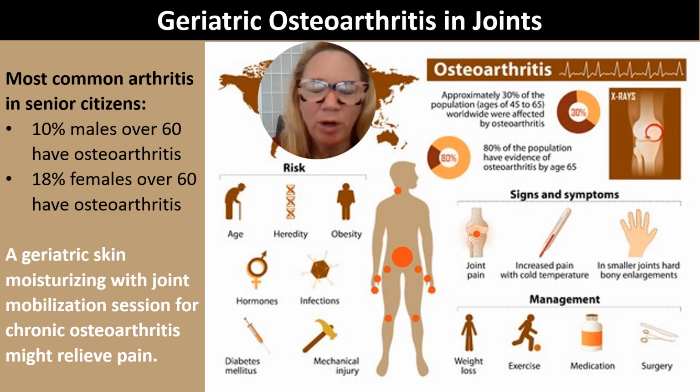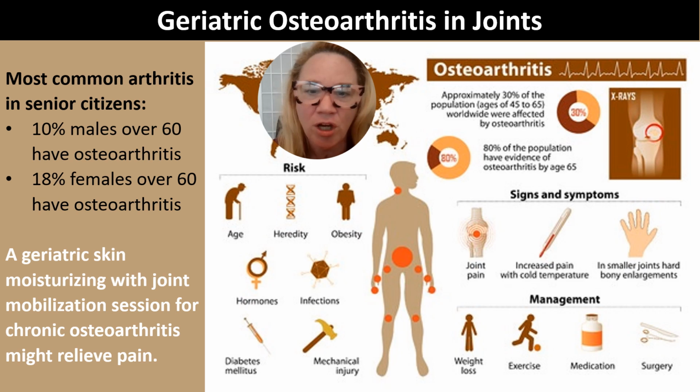In the pictograph shown here on the right, we have a lot of statistics that we can review about osteoarthritis. First of all, your risk factors include heredity. If it's in your genes, it's in your genes. Even if you have a sedentary lifestyle and you don't move around a lot, causing wear and tear on your joints, if your parents had osteoarthritis, you're more likely to develop it yourself, regardless of your own activities of daily living.